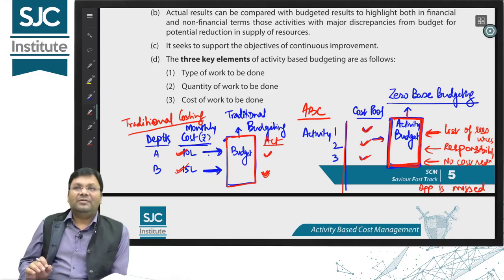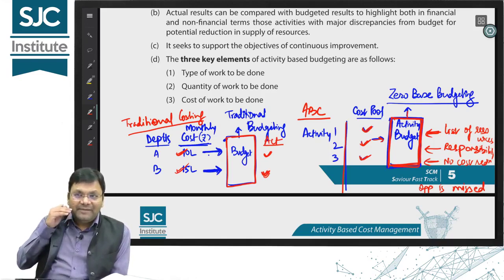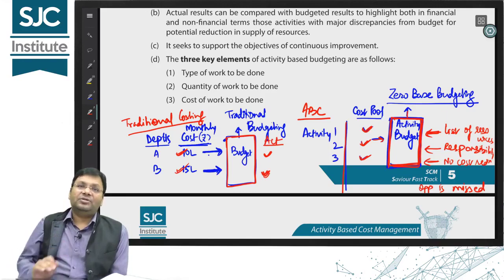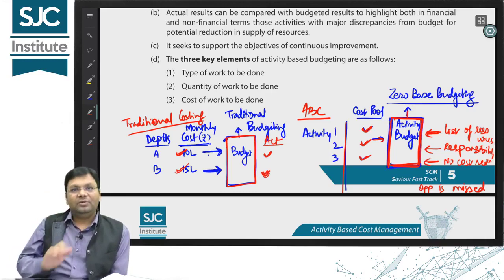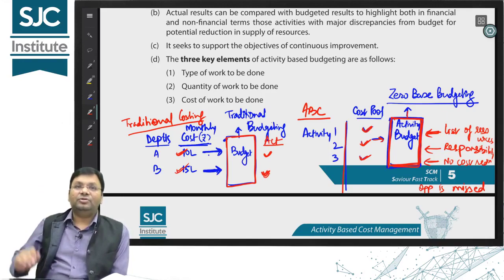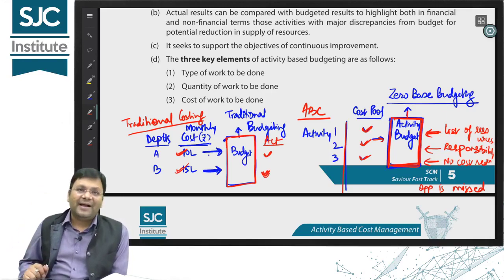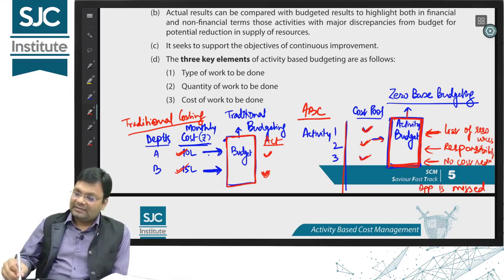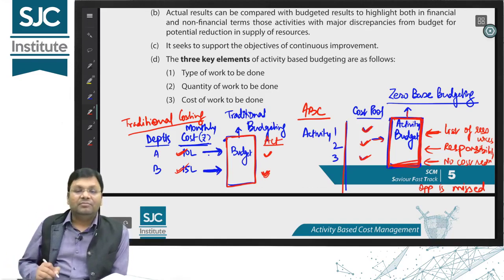You cannot say, okay, let us see at the end of the period what my activity cost is. You should pre-plan, you should know beforehand how much cost you are going to incur, and that should be the only cost. It's not like, okay, I will see what my cost will be. You should know your cost beforehand. Okay, that's about the activity based budget.